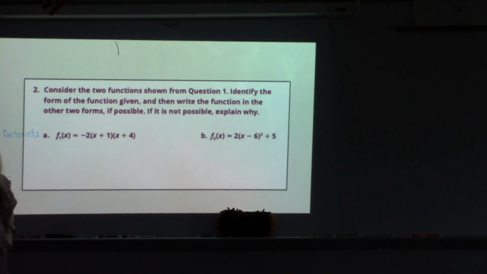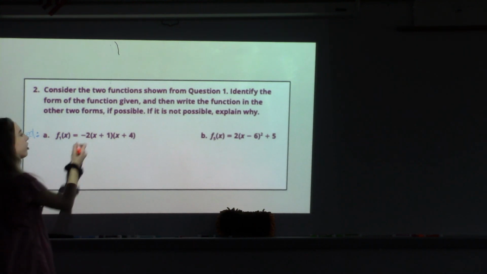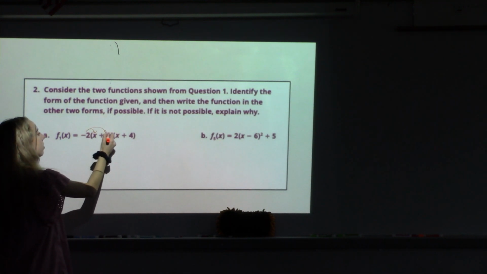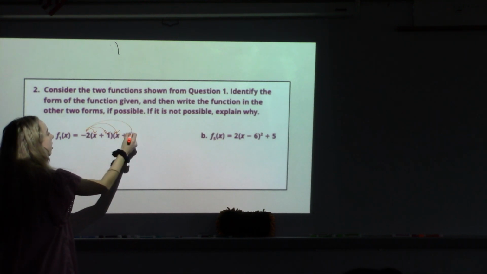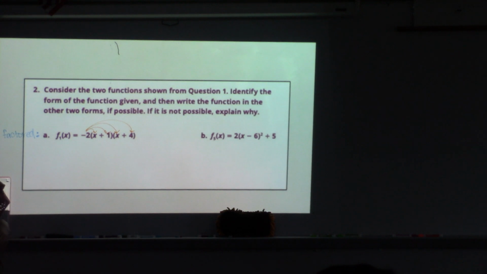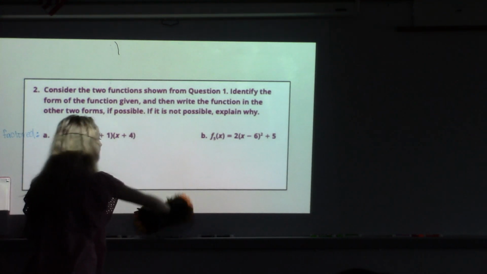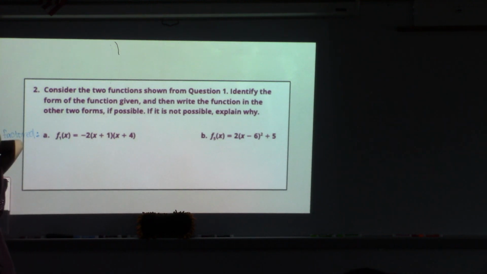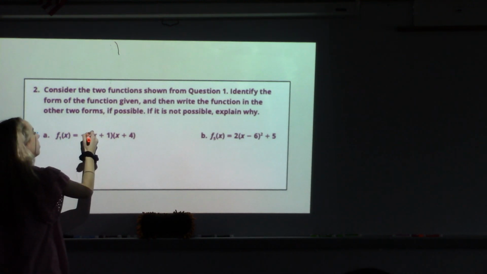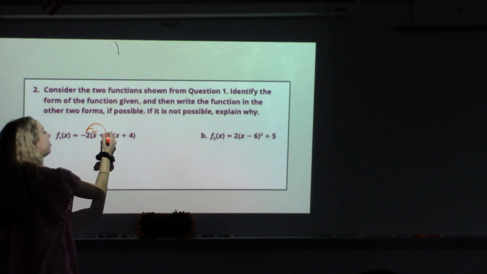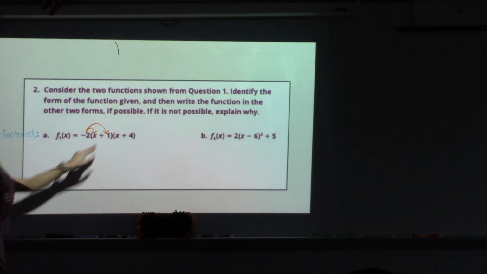Both. Just the first one. You can't distribute this 2 to everything. You're right. Caleb, tell me what you said. Distribute 2 to everything inside the first parenthesis. So first we can distribute the 2 to everything inside this first set of parentheses.